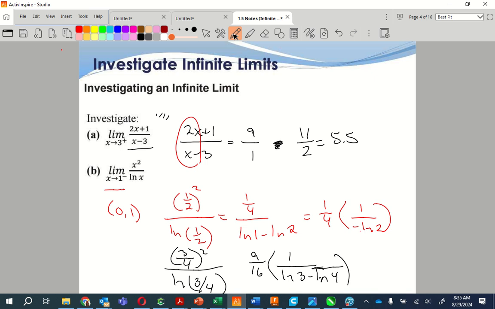Because I'm trying to imagine what the graph is going to look like. As I'm getting closer, is it going to be a bigger number or a smaller number than this? This is going to be a bigger number, so this is going to be a bigger negative number.